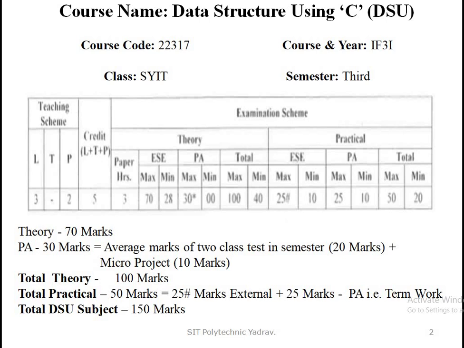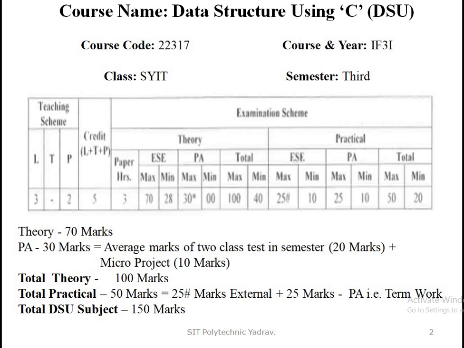In the practical, it is the same, that is end semester exam and PA. The end semester exam is out of 25, but it is external. Minimum 10 marks must be obtained. In PA, that is term work, 25 marks, and you must obtain minimum 10 marks.